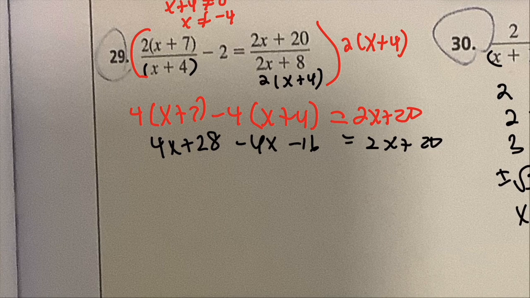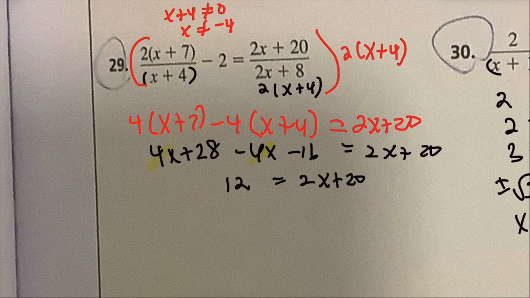In an equation, it is most effective to simplify both sides as much as possible before you do anything else when it becomes just a standard equation like this. So what's great, on the left side, the 4x's cancel, they're opposites. 28 minus 16 is 12. And then we get 12 equals 2x plus 20. So it's just a nice equation, right?